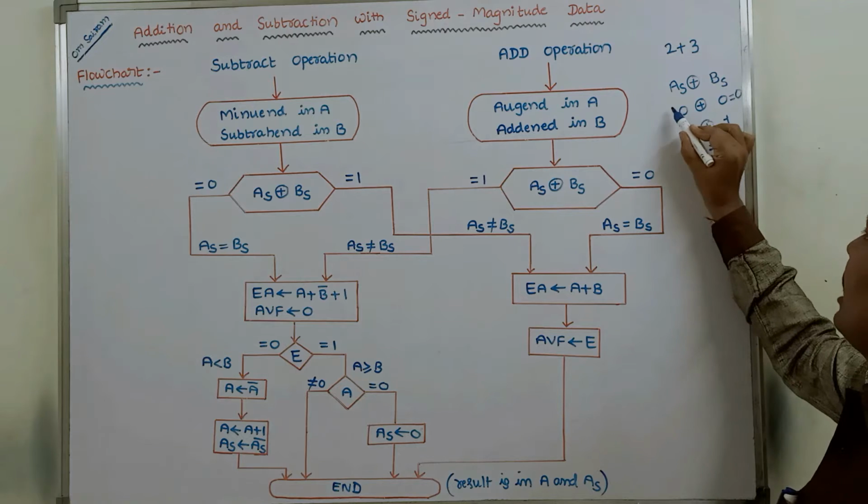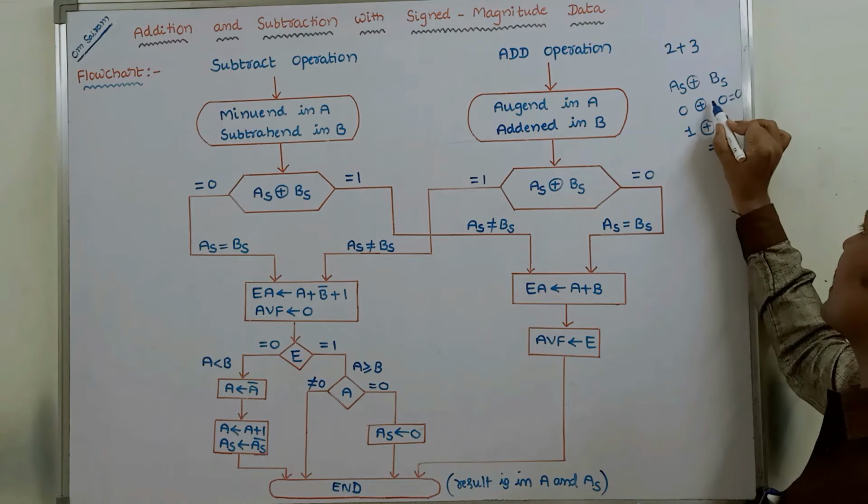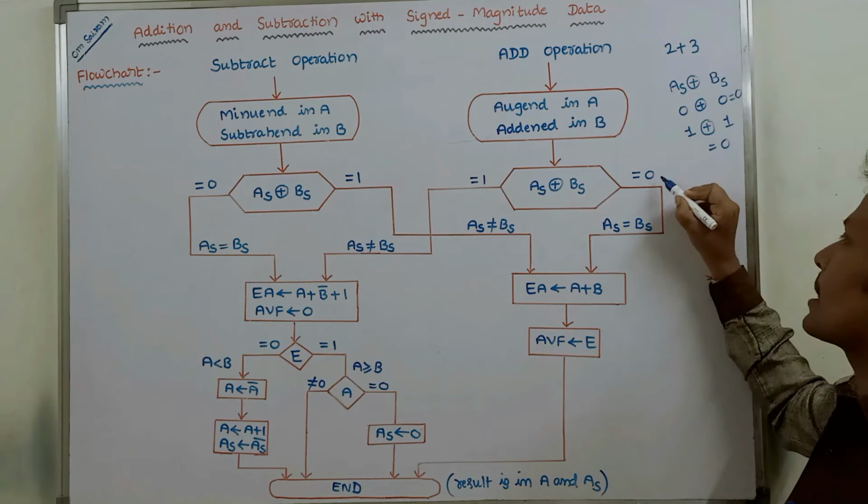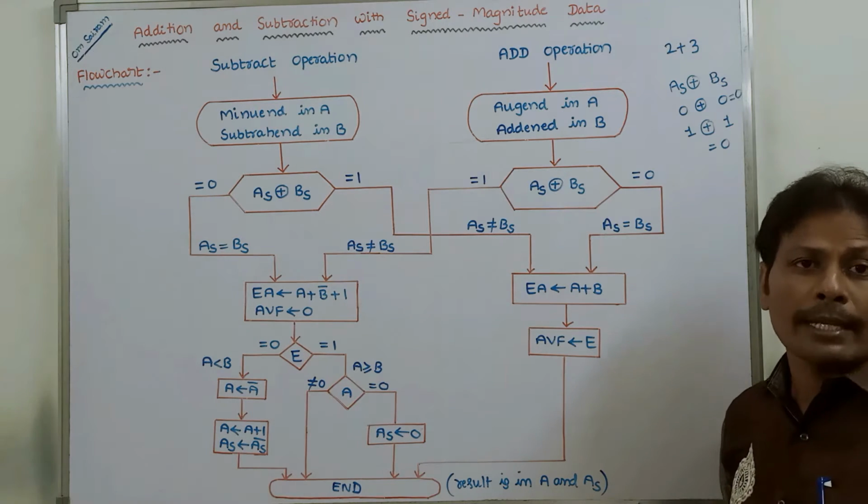Here the sign bit of A is equal to the sign bit of B. Then what is the output of the exclusive OR gate? We are getting 0.